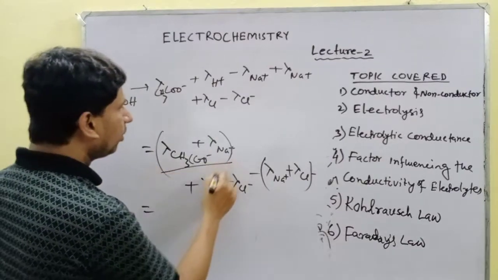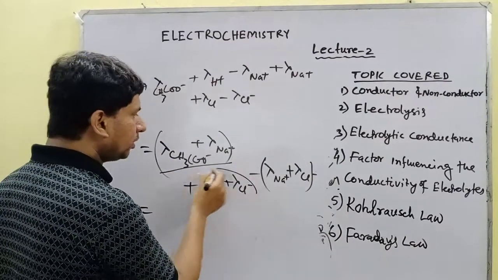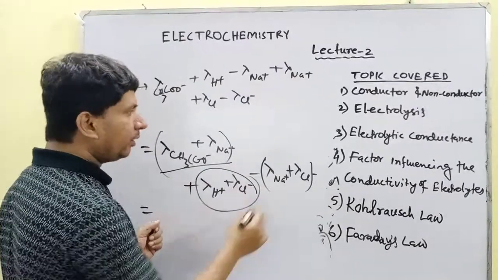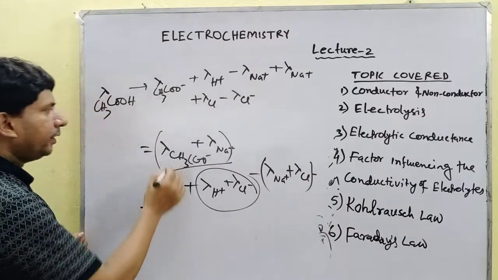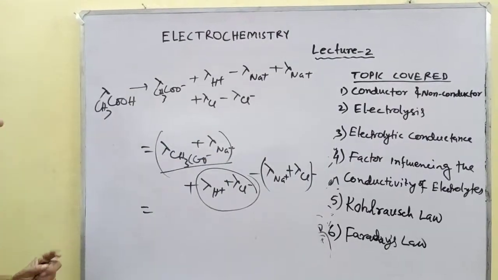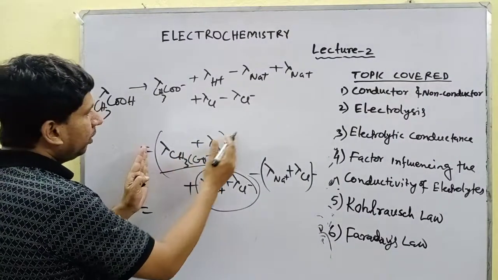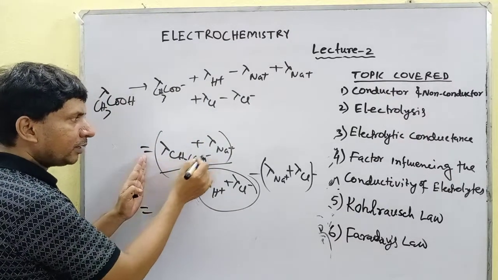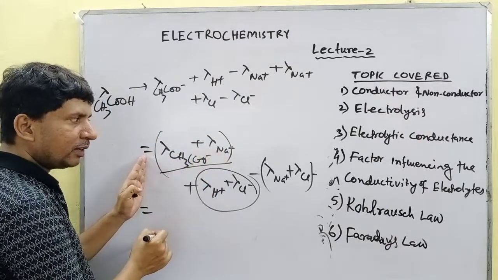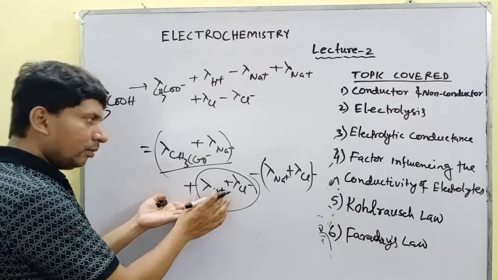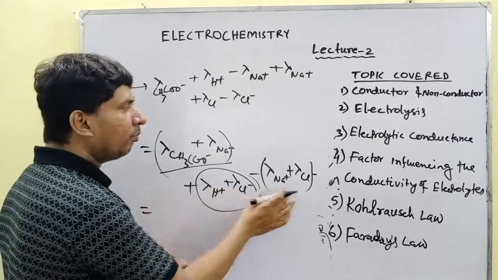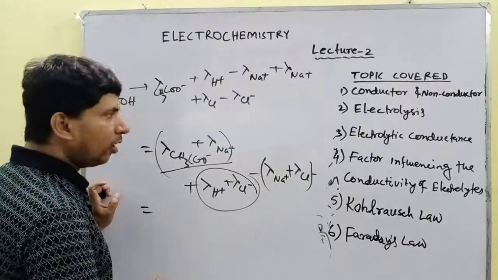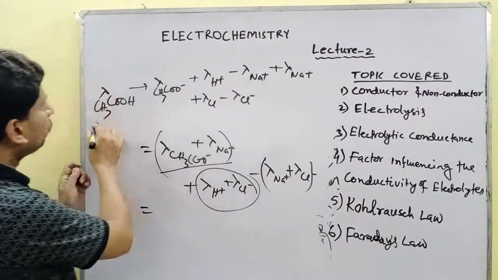HCl is a strong electrolyte, NaCl is a strong electrolyte, and sodium acetate is a strong electrolyte. So lambda of acetic acid equals lambda of sodium acetate plus lambda of HCl minus lambda of NaCl. These three are strong, but this one is weak.